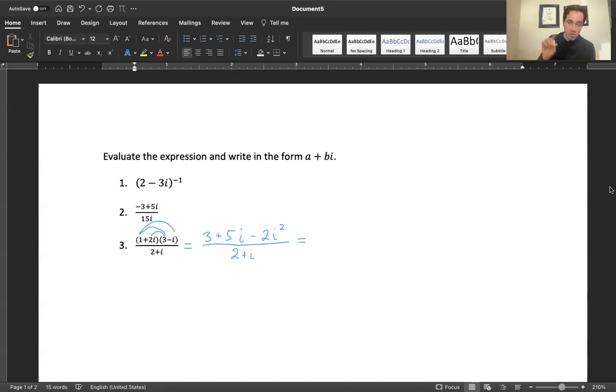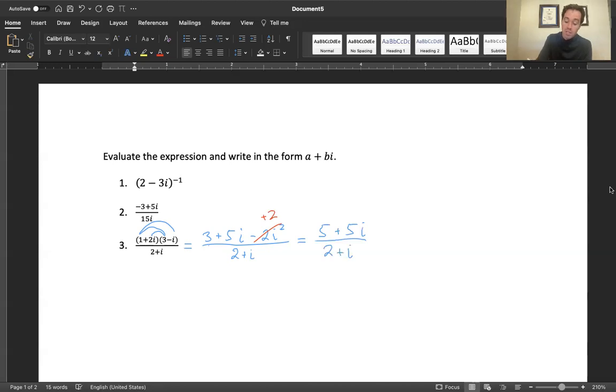Yes, the i squared turns into negative 1, but have mercy on me, I'm doing a lot here. So 3 plus 5i minus 2i squared becomes minus 2 times negative 1, which turns it into a plus 2. So this is 3 plus 2, which is 5, plus 5i over 2 plus i.